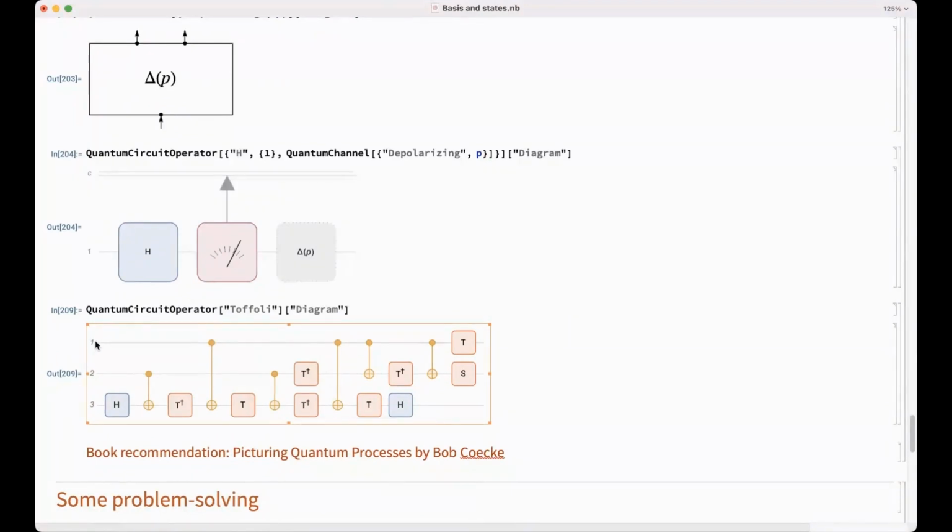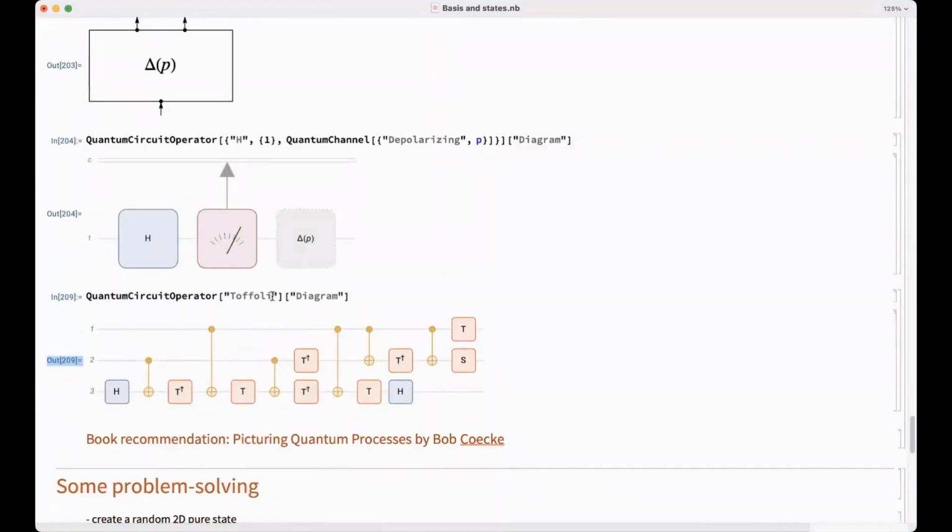We just enumerate our qudits in the normal sense: first, second, third from left to right. It also has a measurement line, if you have an actual measurement operator applied to it.